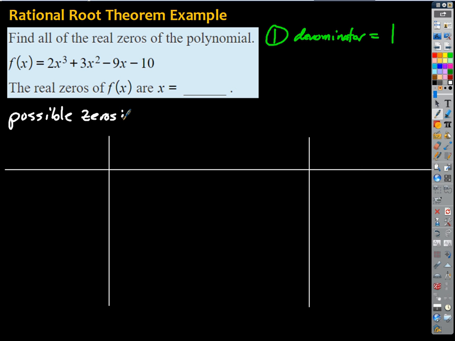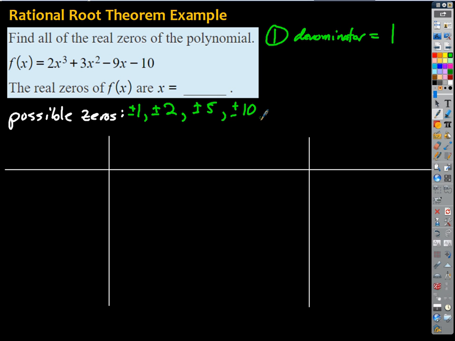So what are the factors of 10 again? 1, 2, 5, and 10. So the possible zeros would be, plus or minus, it could be positive or negative, 1 divided by 1, which is 1, plus or minus 2 divided by 1, so plus or minus 2, plus or minus 5 divided by 1, or plus or minus 10 divided by 1.